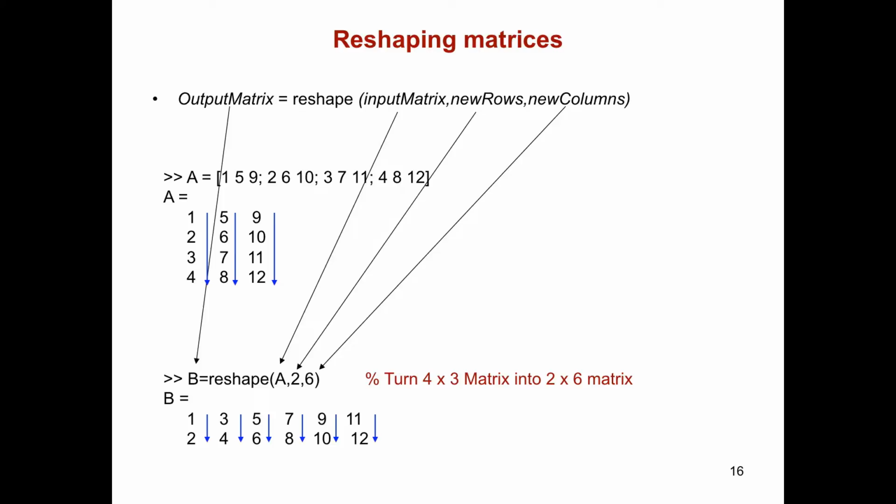I'm going to go 1, 2, and since I'm requesting a 2 by 6, I'm going to break there. And the 3, 4 will be in the second column of B. And 5, 6, 7, 8, 9, 10, 11, 12. So this is just the rule how reshape works.